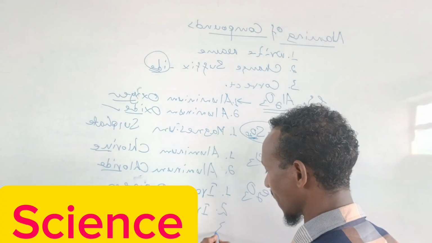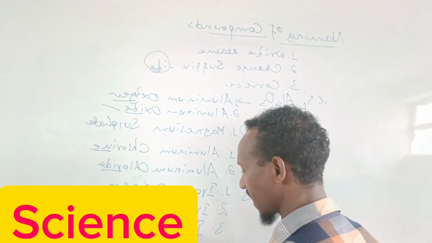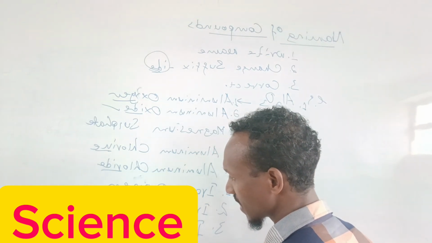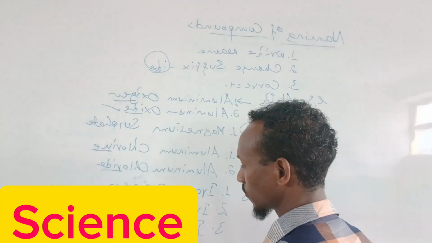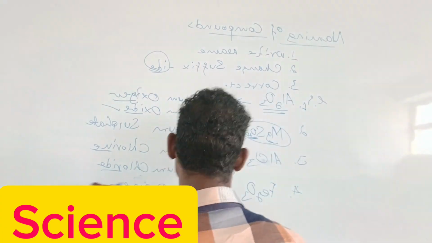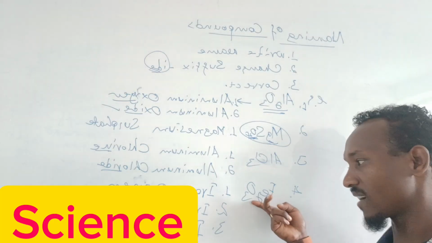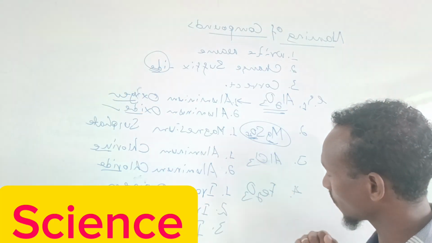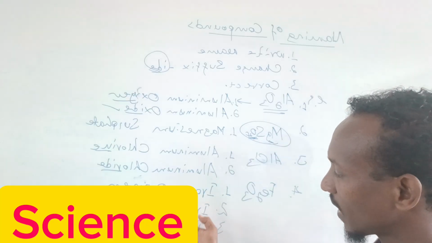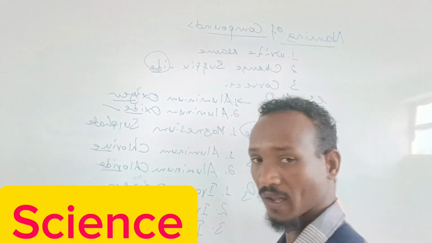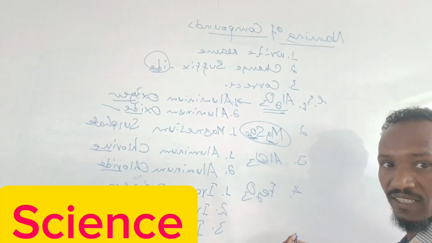The last thing is to write the word iron with its valency in number within parentheses and change the last part of oxygen to oxide. This is the correct name of the compound, iron(III) oxide. So to write the names of compounds which have variable valencies, you have to use their valency in brackets. Okay. Let me show you the last example.